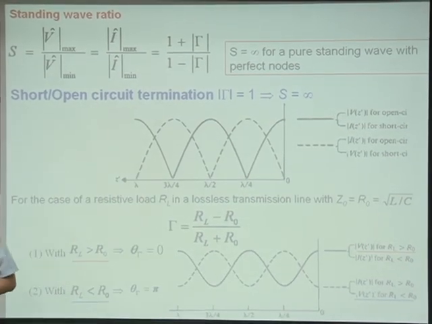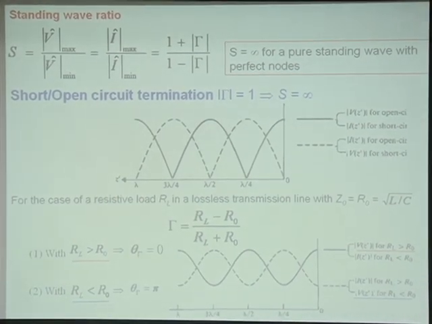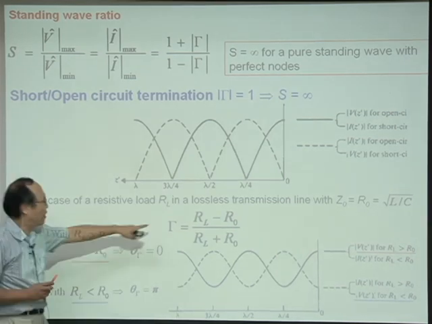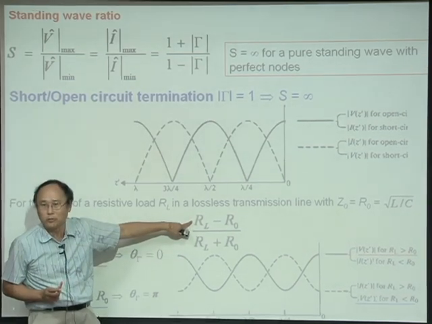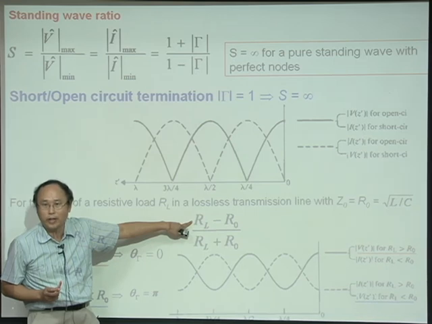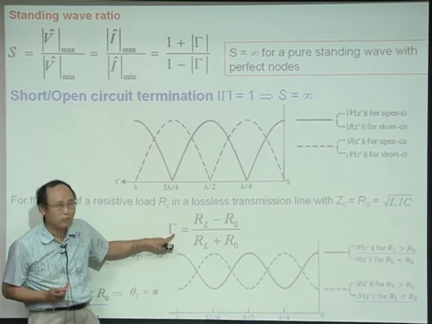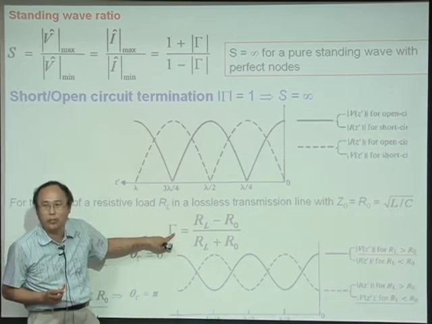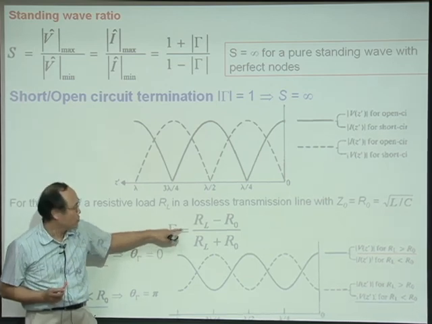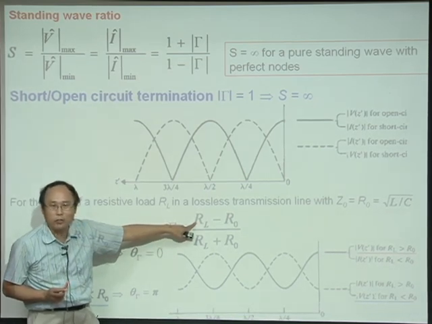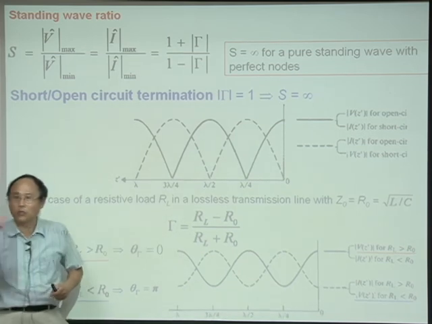Okay, so if you have a short circuit, RL is going to be equal to 0. 所以对 voltage 来讲的话 because this reflection coefficient is defined through the ratio of the voltage. So if RL is equal to 0, the reflection coefficient is -1.